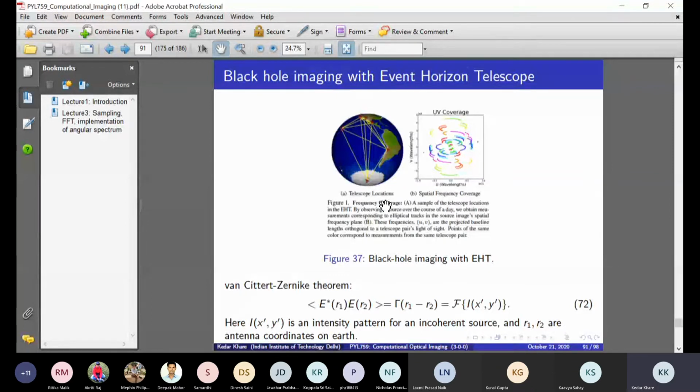So you take E star, the complex conjugate field at location R1, and E at R2, the field at R2, that is being collected. You multiply these two quantities, E star R1 and E R2, and do a time average. Over the time that you are looking at, you do an average.